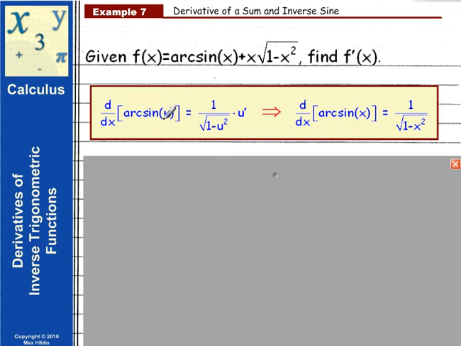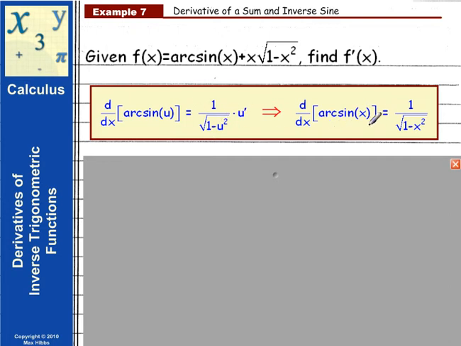That is, assuming that the argument of the inverse trig function was u, not exactly x, meaning some expression in x or some function of x. So that's the reason we end up having to use the derivative of u as we calculate that derivative, because that's the chain rule.